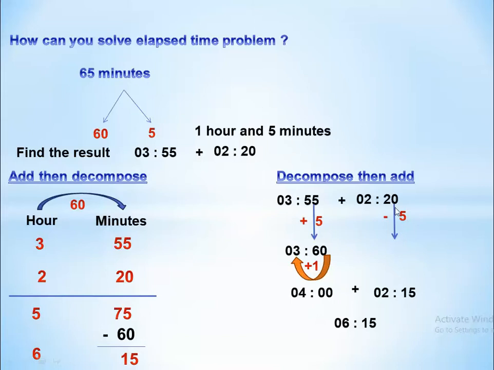So it will be 55 plus 5, it will be 60. We know that 60 is like 1 hour, so we are going to add 1 hour to 3 hours, it will be 4 hours. And this will be 15, so it will be 2 and 15. Let's add hour plus hour, minute plus minute, 15 plus 0 is 15, 2 plus 4 is 6.